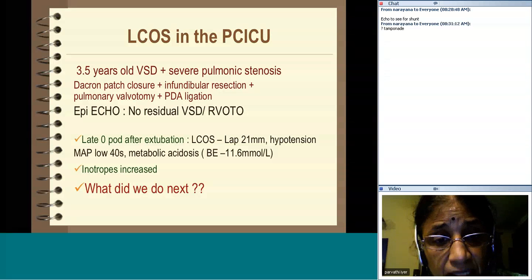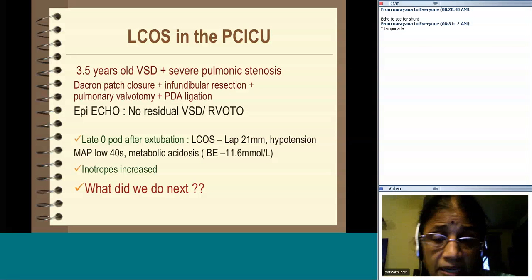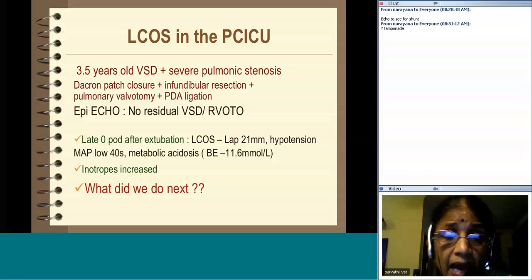And as the cardiac output state deteriorates, we kept increasing inotropes. What do you think we should do next, and what do you think we did? Can you type that in?